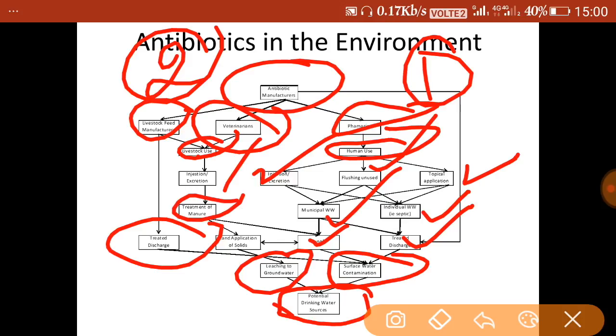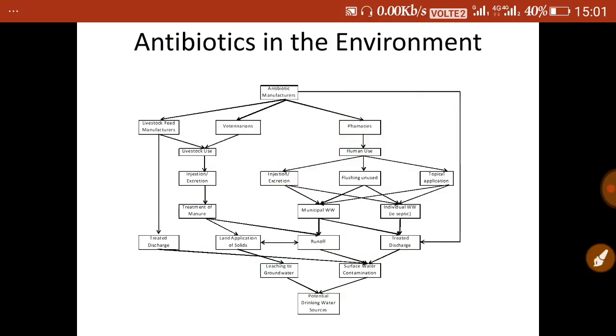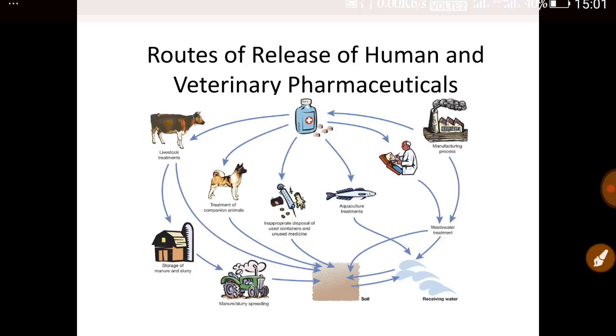Antibiotics are used in livestock. There is injection, and finally excretion. There may be some treatment of manure, then it is applied in soils, and finally they again leach down into the groundwater. This is ground water or water table. They leach to water table, which is a source of drinking water.